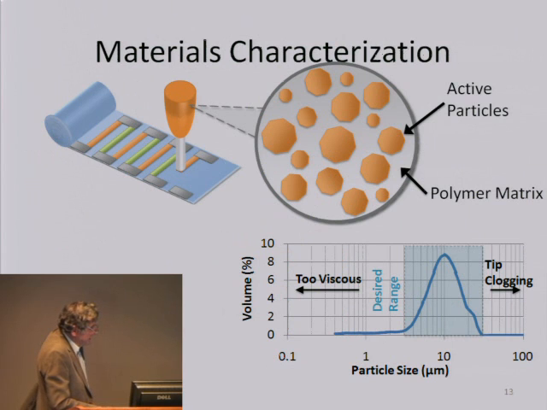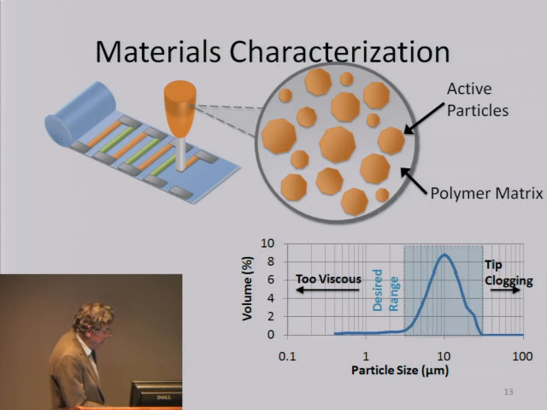We need to characterize these materials fairly well, so we need the appropriate particle size range. Here I'm showing them dispersed in the polymer matrix within the ink of this dispenser printer. You recognize, I think, immediately that these particles have to be in contact if this device is going to work at all. So there's a percolation problem there, which you need to be aware of.